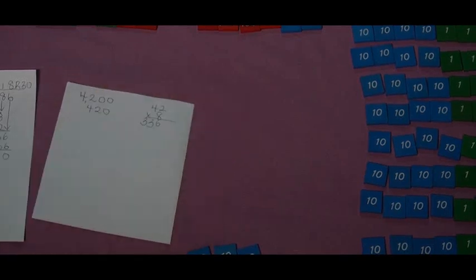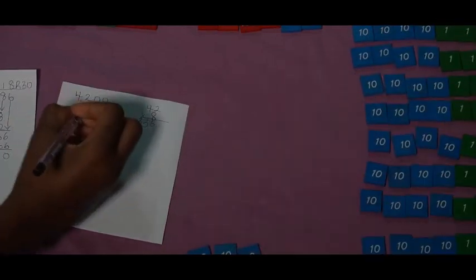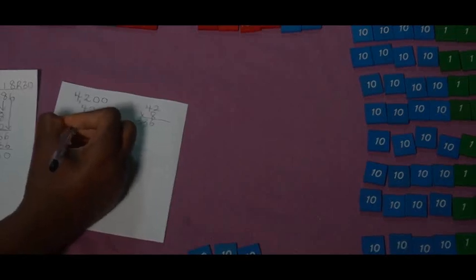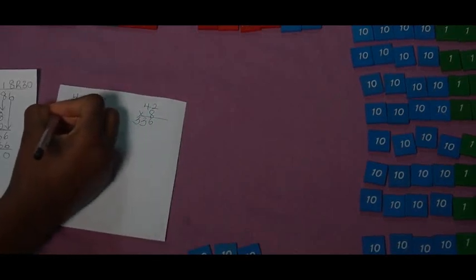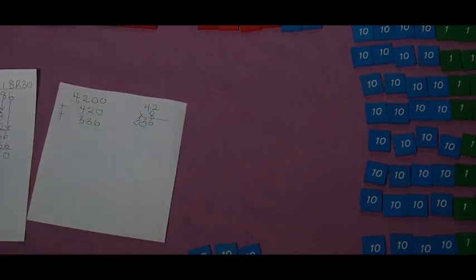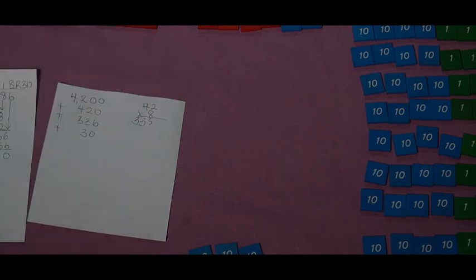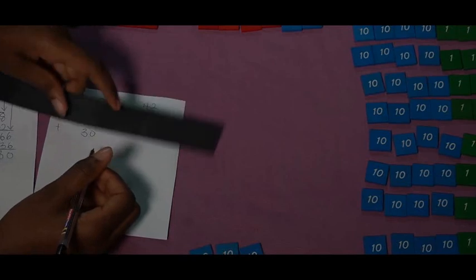So now add it to your values there. Use your straight edge. Remember, you have your remainder of 3 tenths. Use your straight edge to rule.